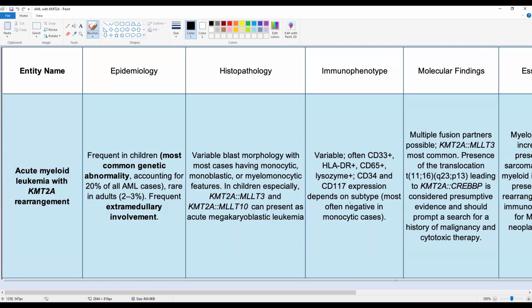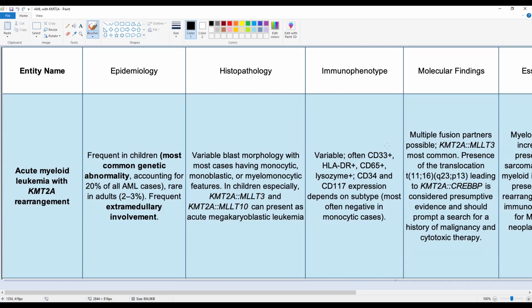As for the immunophenotype for this leukemia, it's pretty variable, with most cases being CD33 positive, HLA-DR positive, CD65 positive, and lysozyme positive. CD34 and CD117 expression depends on the subtype. If it's monocytic, it's more likely to be negative, for example.